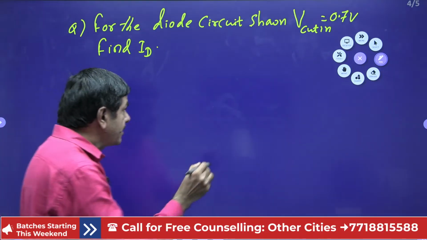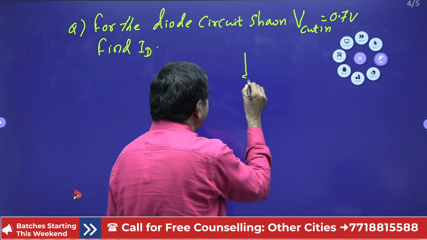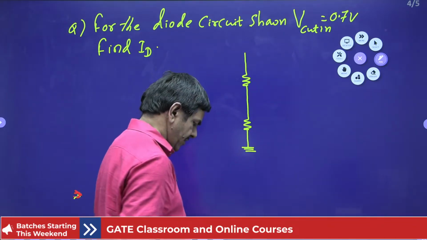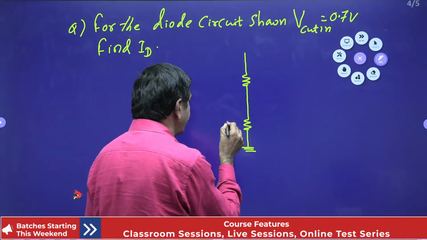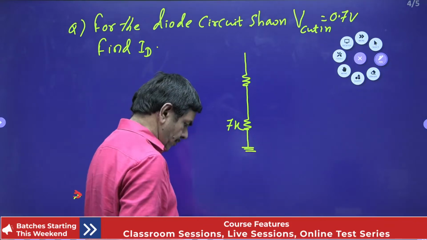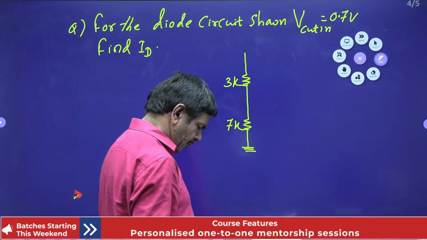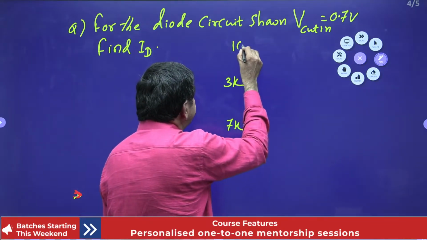Here the network is given like this. Resistors are connected this side, one is 7K and one more is 3K. The supply voltage is given as 10 volts here.